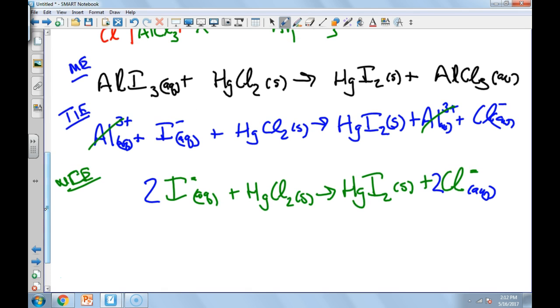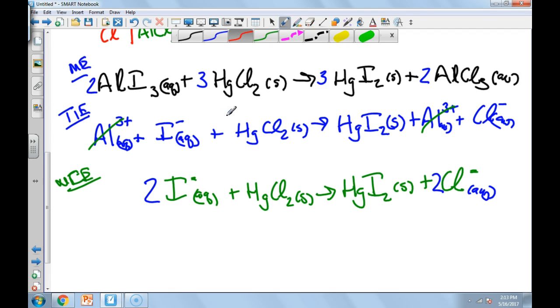Now, up here, if we were to balance the molecular equation, let's see what would happen here. Let's see, there's 3 chlorines and 2 chlorines. So this needs to be a 2, and this would need to be a 3. So that would need to be a 3, and this would need to be a 2. So what can happen here is now when we do the total ionic, and I'll do that just in a different color just so it's offset.